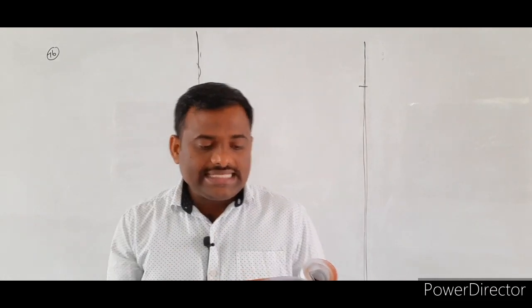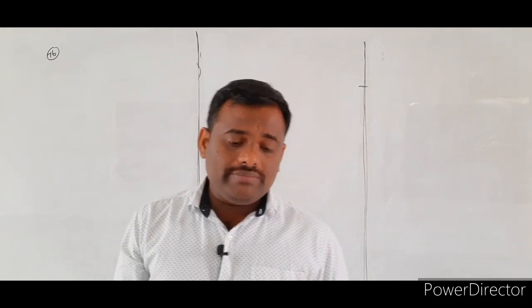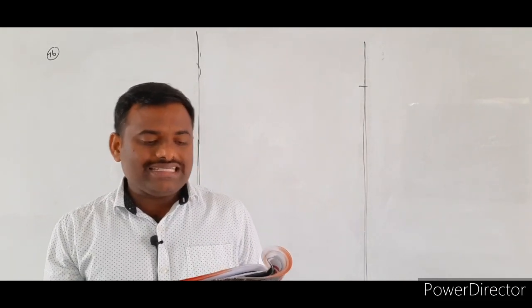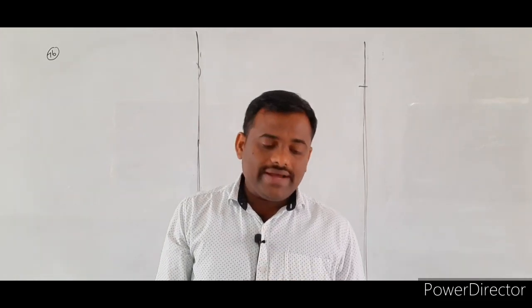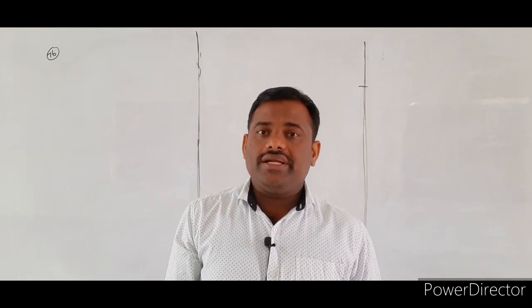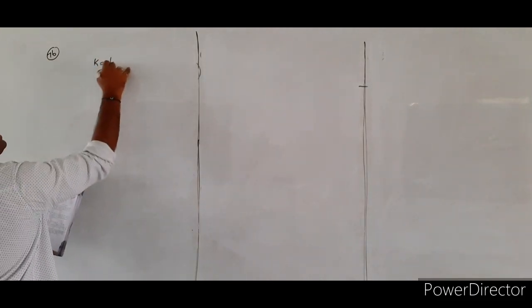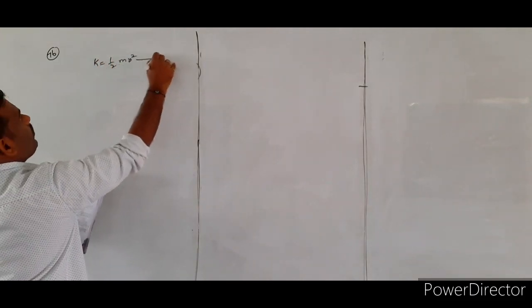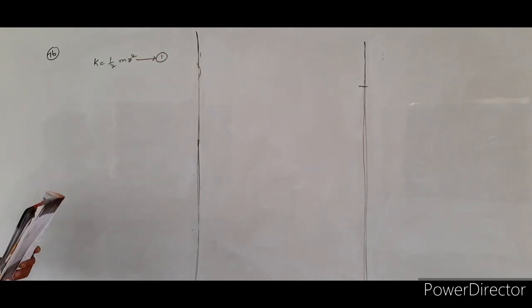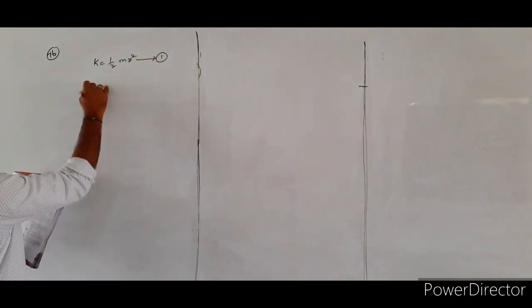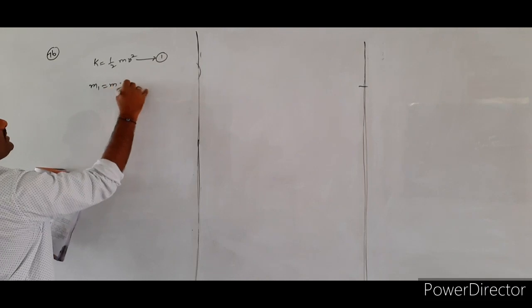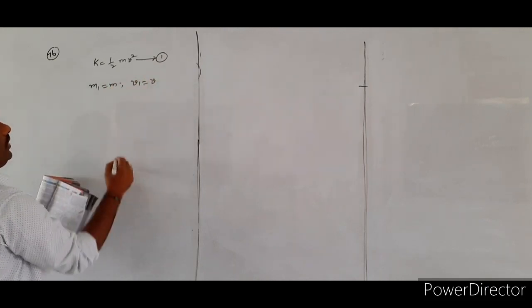Problem number 76. The kinetic energy of the body is K. If 1/4 of the mass is removed and the velocity is doubled, its new kinetic energy is. We know the general formula for the kinetic energy: K is equal to half mv square. Initially we assume the initial mass is m and the initial velocity is v.